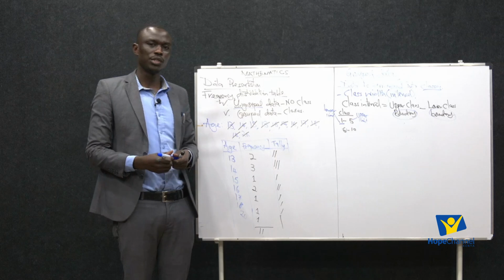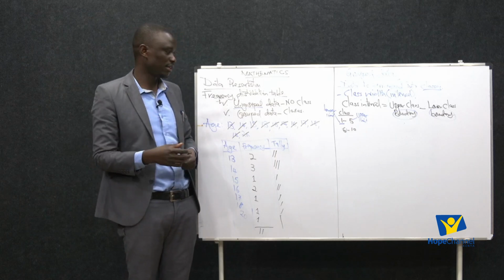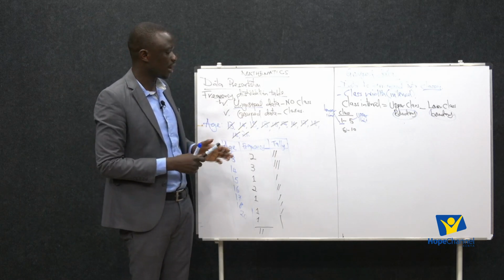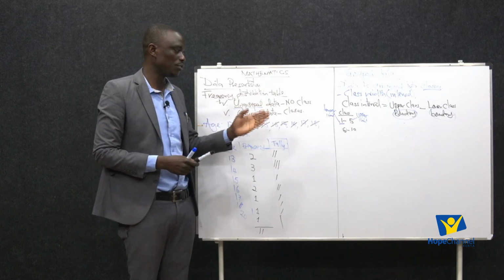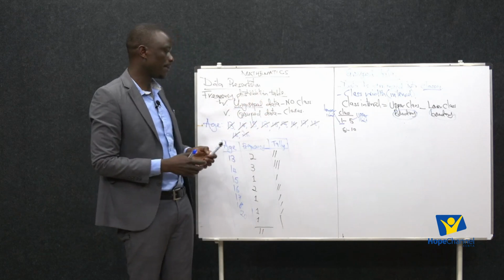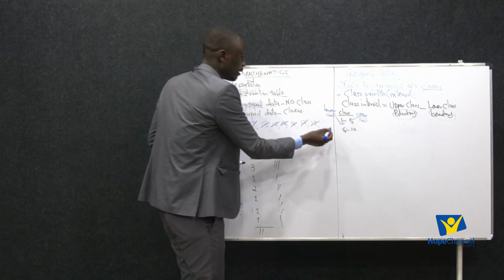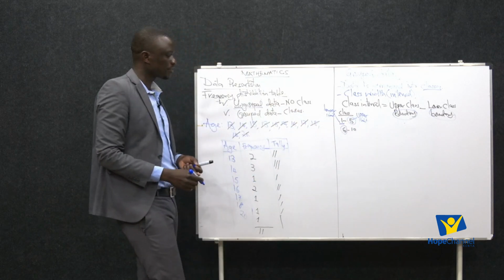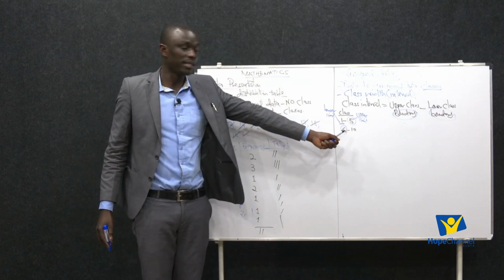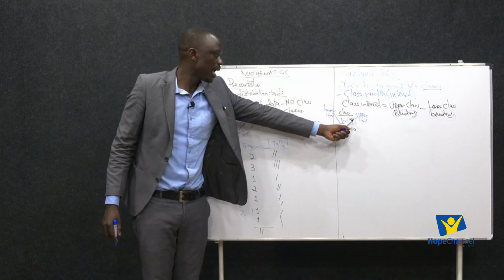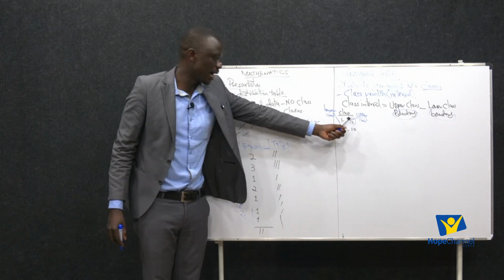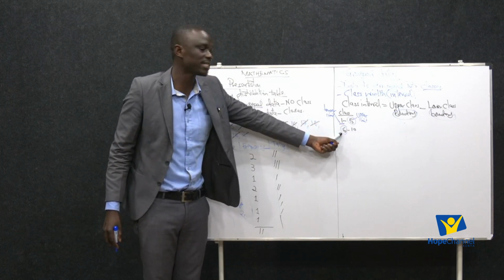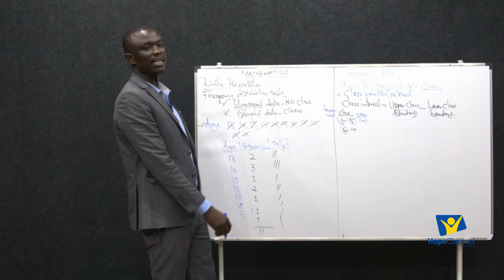So let me show you two ways on how we can come up with what is called a boundary. Let me use this one here, the first simplest method. This class ends at 5, and this one begins at 6. So let's just think logically.